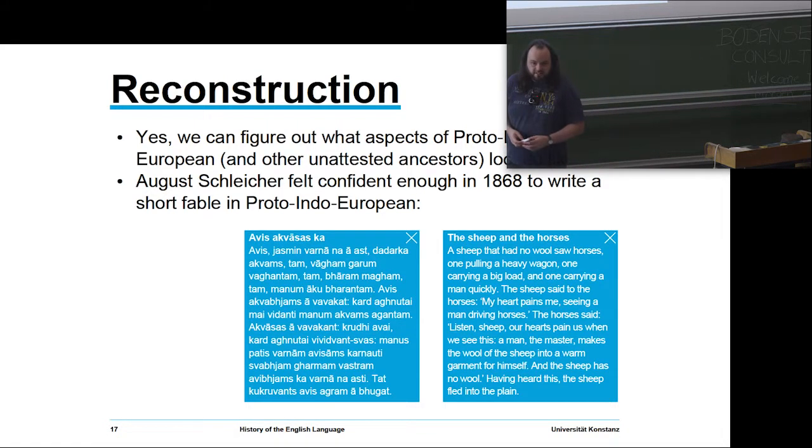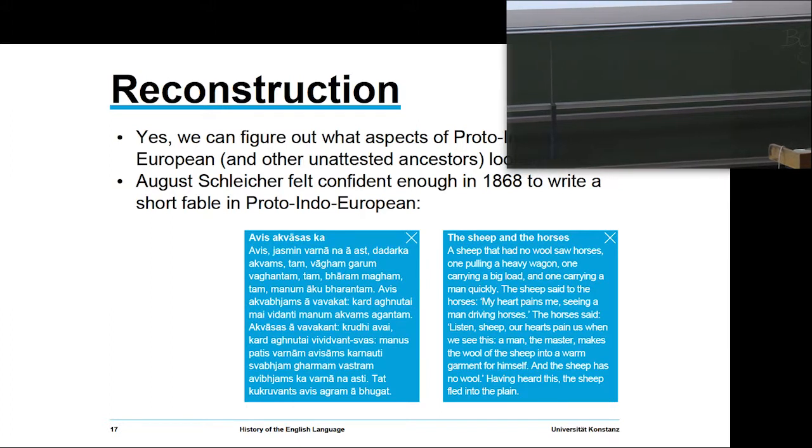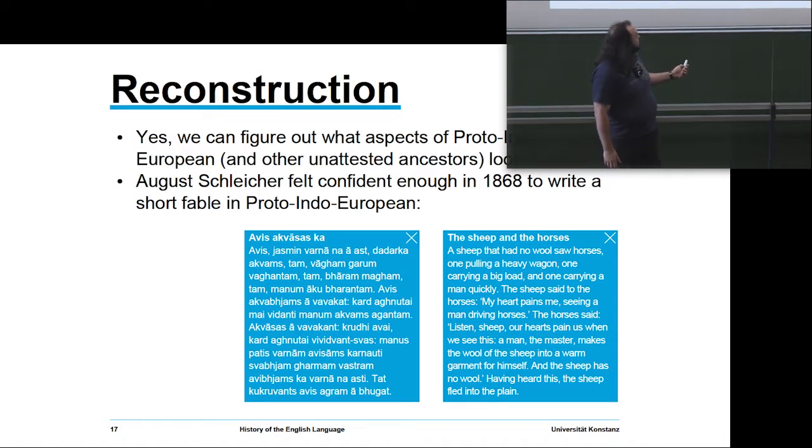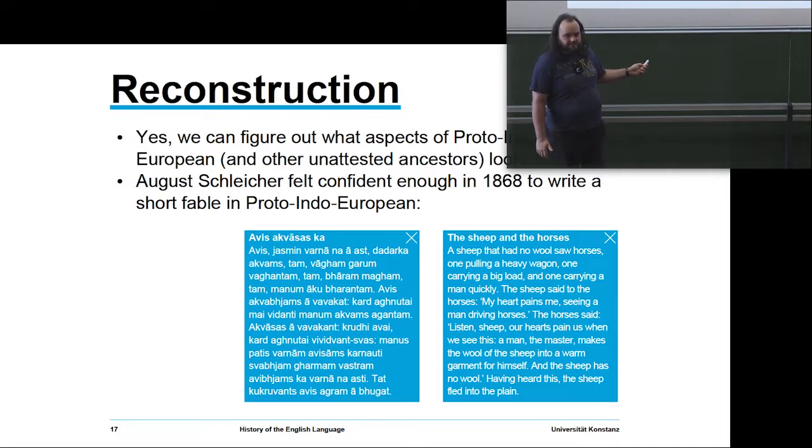This is Schleicher's version of the fable. As people have improved their knowledge of what this language looks like, they have changed the way that this is written. So now, for instance, you can see in here there are a lot of A's, right? Really a lot of A's.